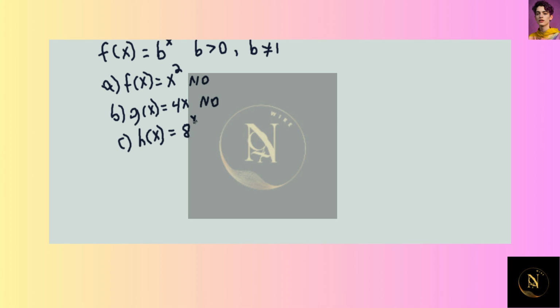Oh yes, b here is 8, and 8 is greater than 0 and not equal to 1. So it is in this form: some constant to a power where your variable is in the exponent. So yes, 8 to the x is an exponential function.